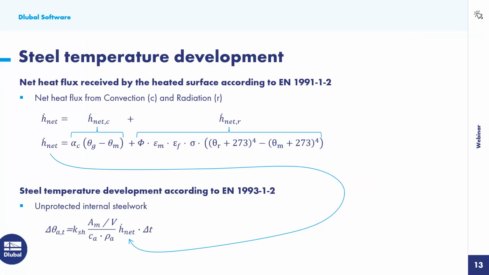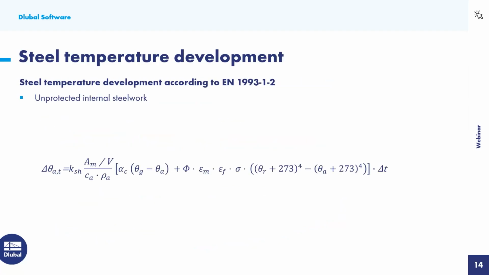To discuss possible measures we can take to delay the heating process, I would like to come back to our formulas that describe the heat transfer from the ambient temperature into the structural element. So we've seen these before, and if we combine the two formulas, we get this quite long expression here.